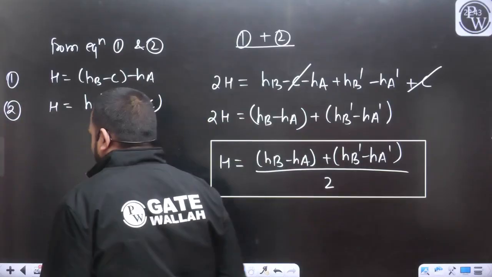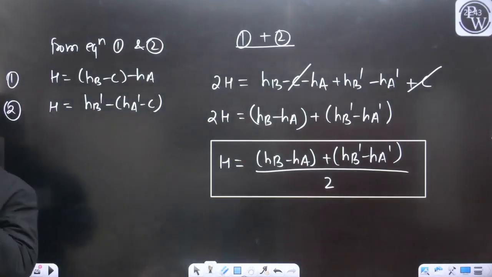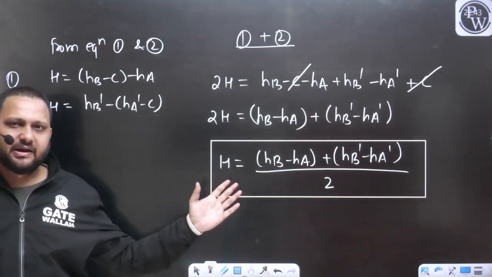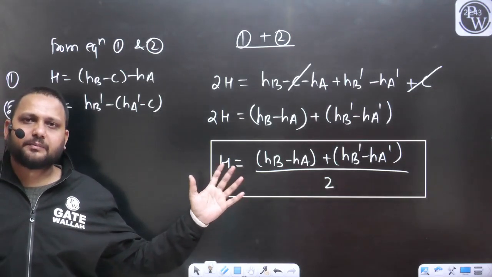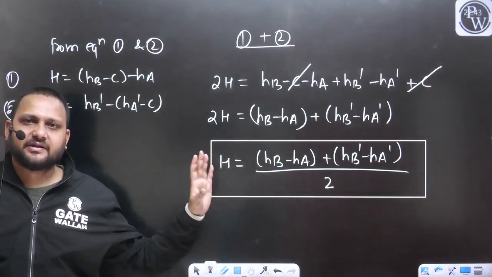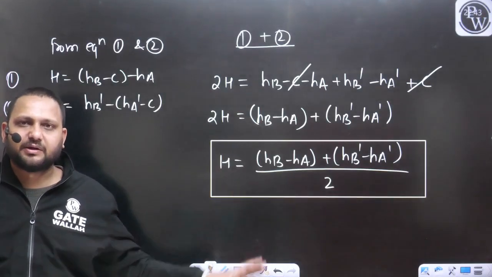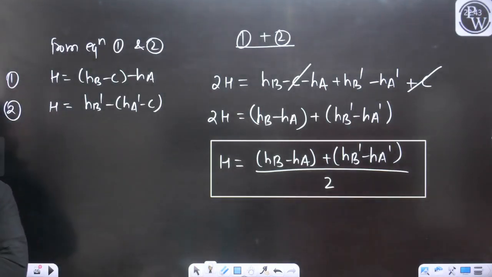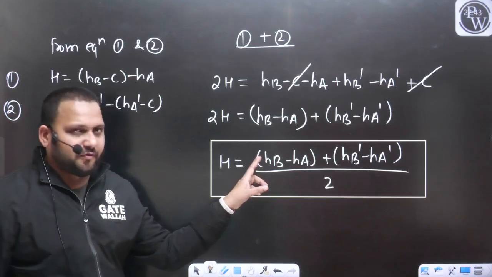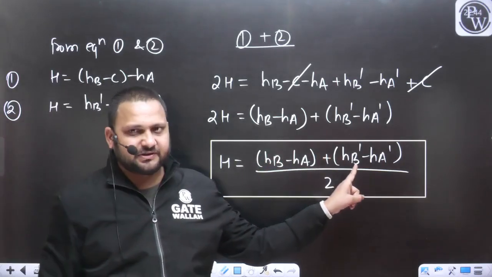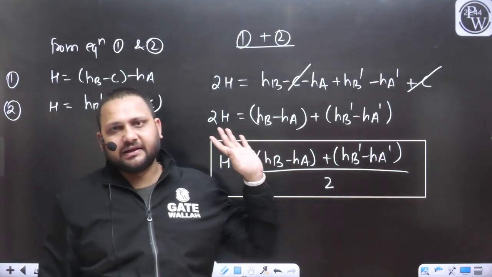Now can I find out the elevation difference between these 2 points? H will be equal to, can you see in this final expression, there is no term related to the curvature correction, there is no term related to the combined correction, there is no term related to the reflection correction. In the first case, HB was the incorrect reading. In step 2, HA dash was the incorrect reading.